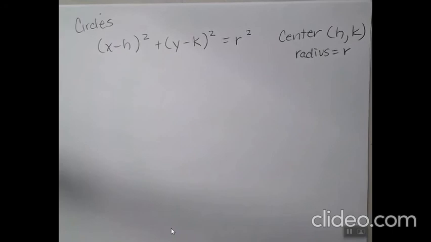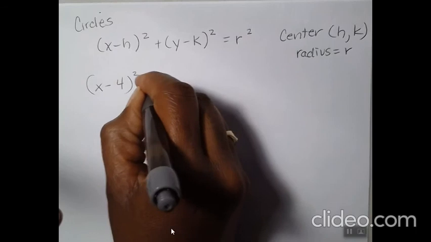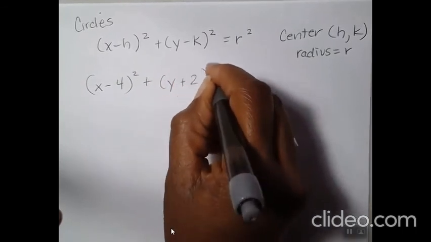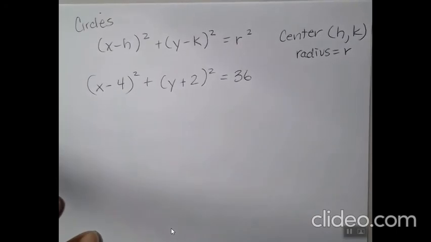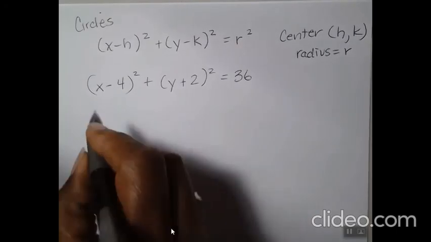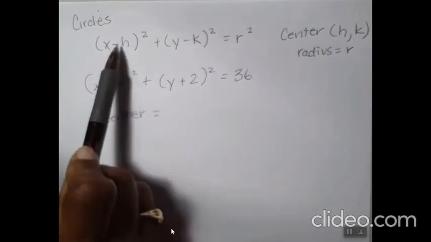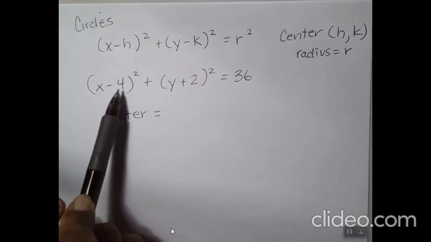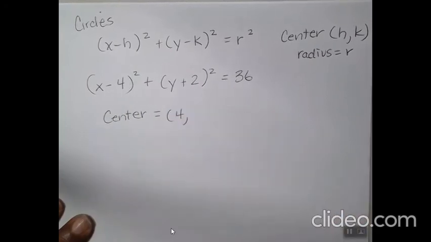If you're given, let's say, for example, (x - 4)² + (y + 2)² = 36, then from this you can garner the center. It's x minus h; the x and the minus are part of the formula, so the h is just the 4 by itself.